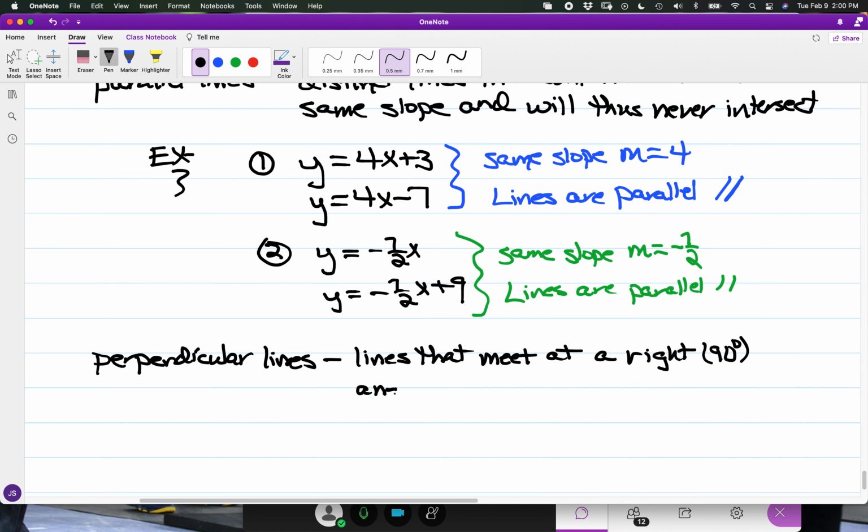And in terms of how they're able to do that, it'll be where the slope values are going to be opposite sign reciprocals.